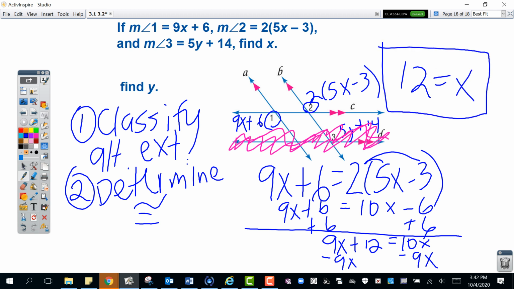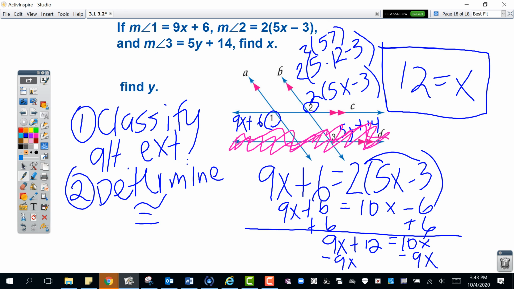All right, so I have my x now. So now let's see if I can use my x to find my y. Well, if I can plug in that x, then I can figure out what angle 2 is. So if I plug that in, I'm going to have 2 times 5 times 12 minus 3. 5 times 12 is 60. 60 minus 3 is 57.